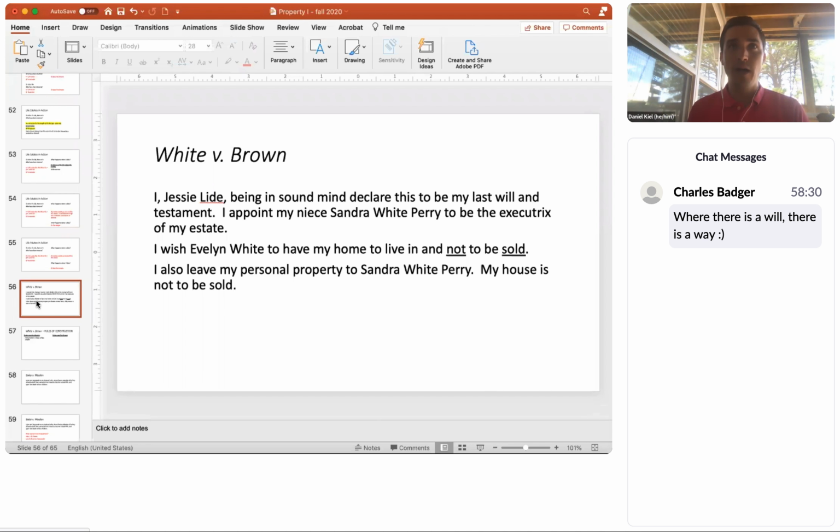So the only way in which the nieces and nephews have a claim in this case is if she has accidentally left out things, right? And so they're arguing, what has she accidentally left out in terms of her estate? She has conveyed a life estate to Evelyn and all her personal property to Sandra, but what has she accidentally retained?